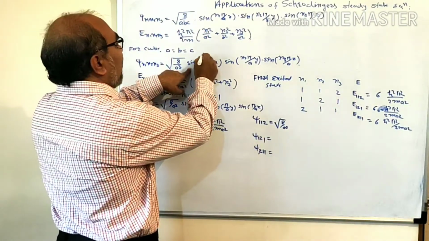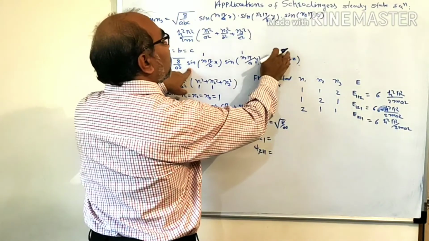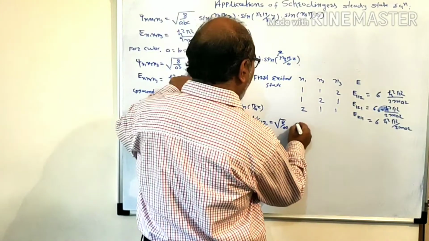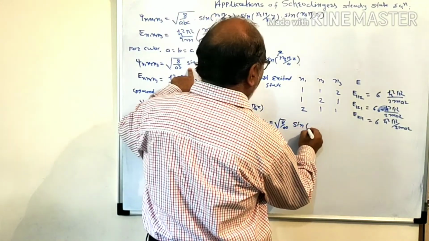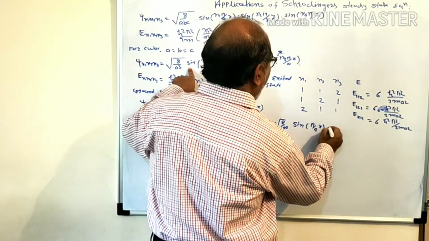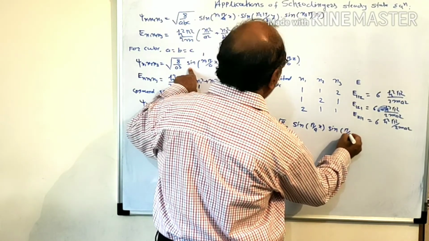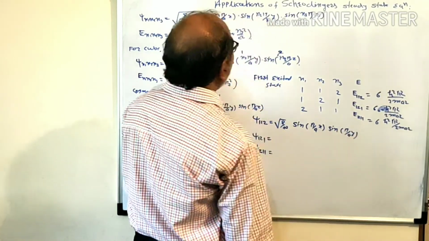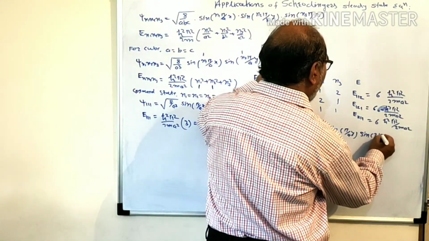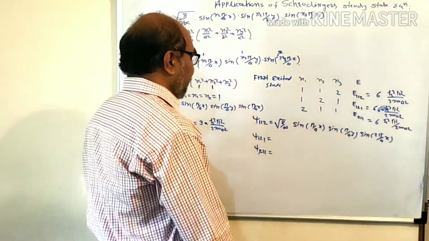So this is sine of pi by a x, sine of pi by a y, but since n3 is 2, only the third factor is sine of 2 pi by a z.